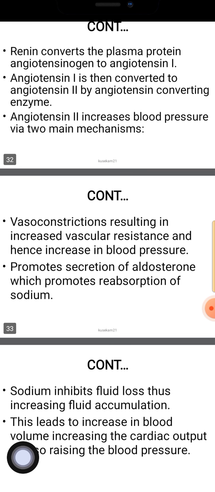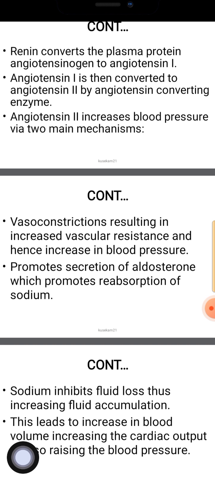This renin will convert the plasma protein angiotensinogen to angiotensin 1.